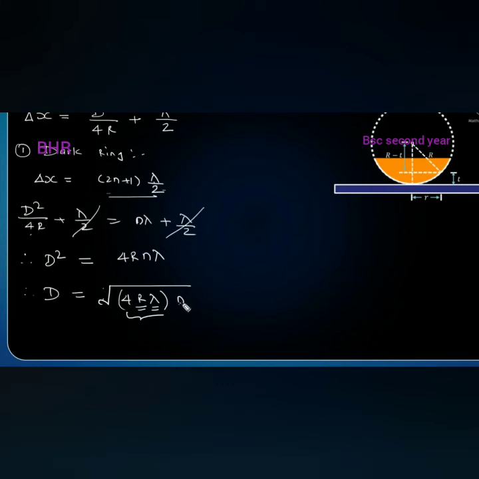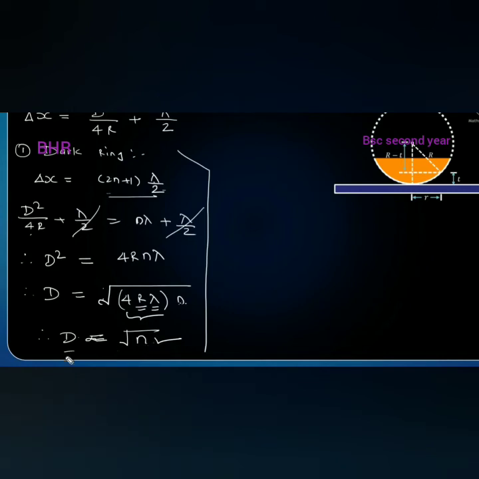Therefore, from this equation, D is proportional to root n. That is, the diameter of the Newton ring is directly proportional to the square root of natural number.